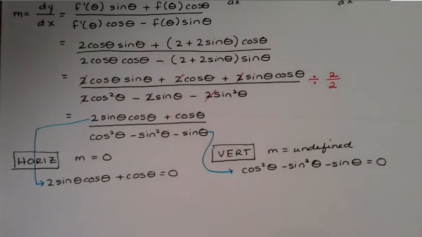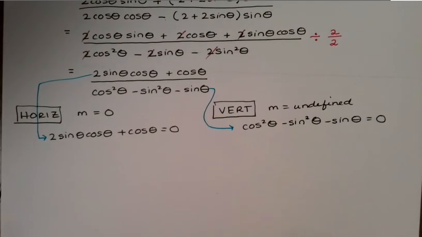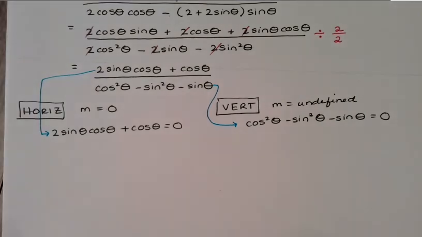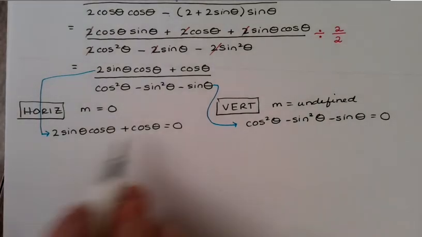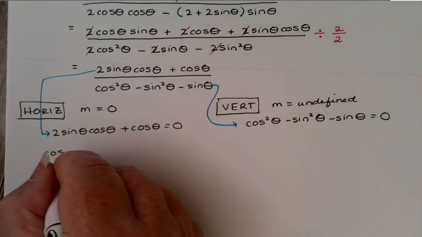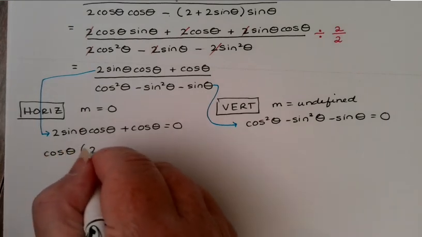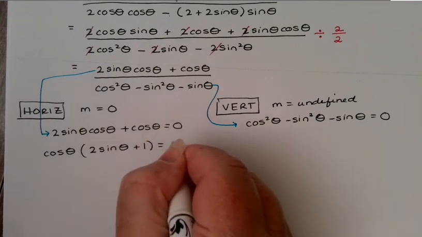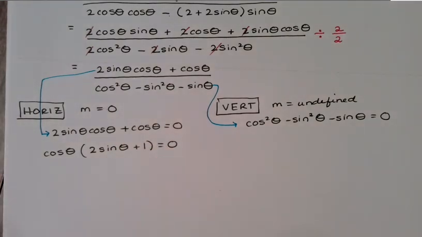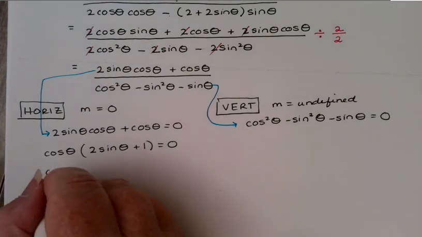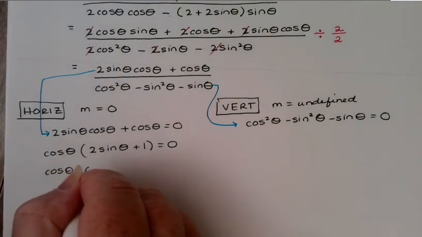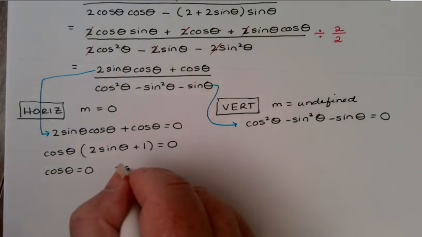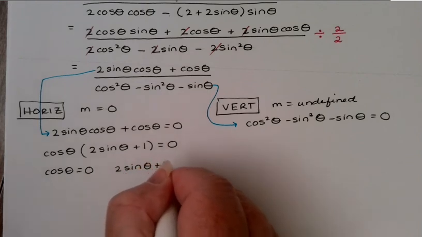All right, we got some trig equations to solve. Pulling back all your trigonometry skills here. First one's not too bad. I can factor out a cos theta. And so either cos theta equals 0 or 2 sine theta plus 1 equals 0.